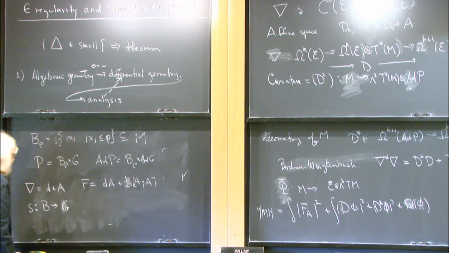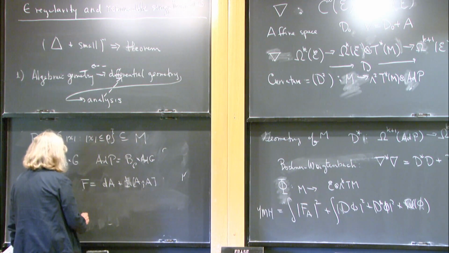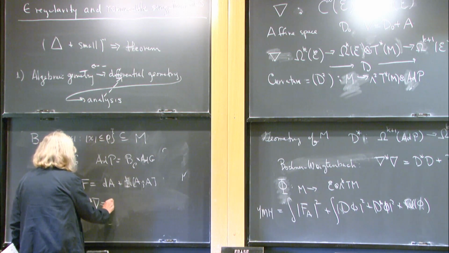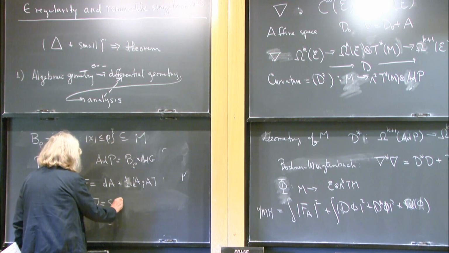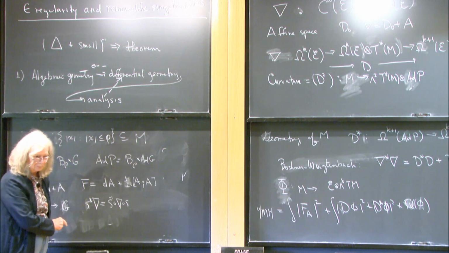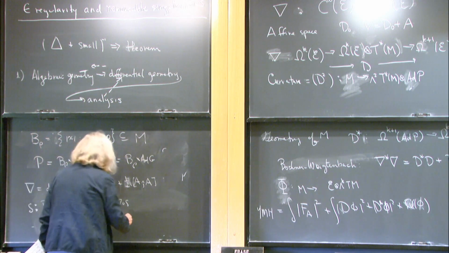This has a left and a right, and in my formulas, the gauge transformation acts as follows: S star of my nabla is equal to S composed with nabla composed with S inverse. So that's the answer to which side I'm taking my principal bundle, okay? And I don't know whether it's the left or right, okay?